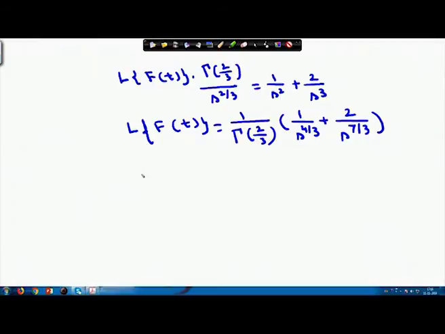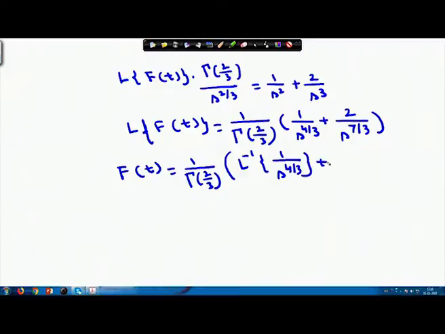And therefore, your f(t) you can write down equals 1 by gamma(2/3) into Laplace inverse of 1 by s to the power 4/3 plus 2 into Laplace inverse of 1 by s to the power 7/3, and I know the Laplace inverse of both of them.